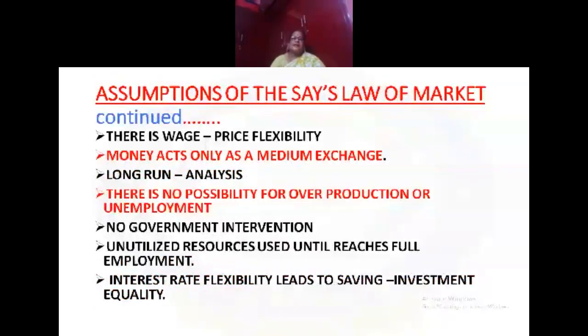Next, seventh one, there is wage and price flexibility. Next one, money acts only as a medium of exchange, and he says that it is a long run analysis. Yes, we can agree with that. It is in the long run.